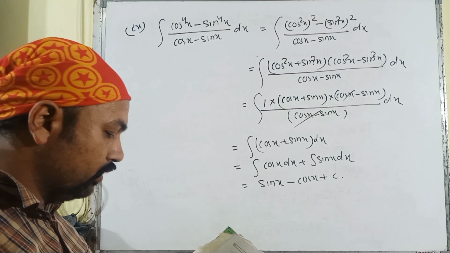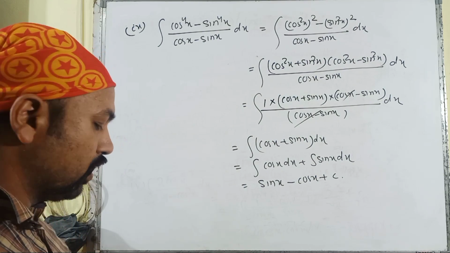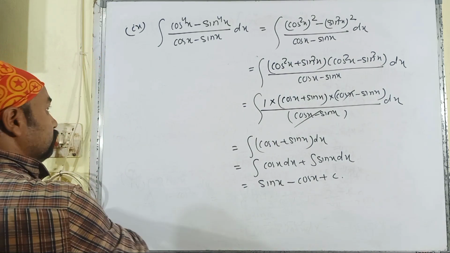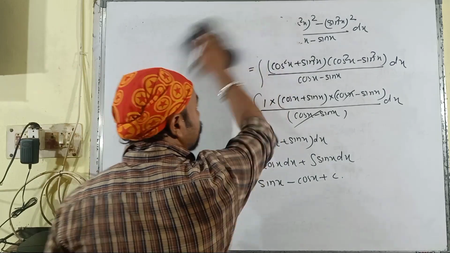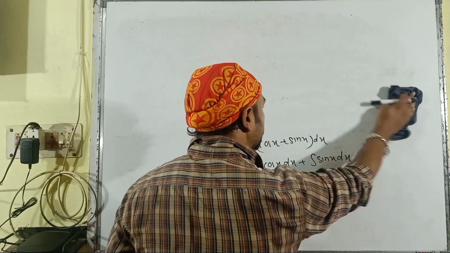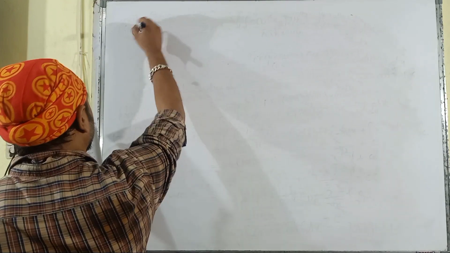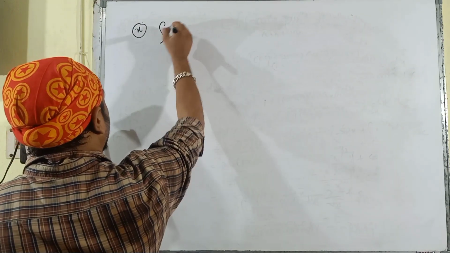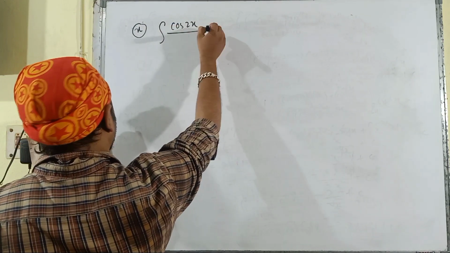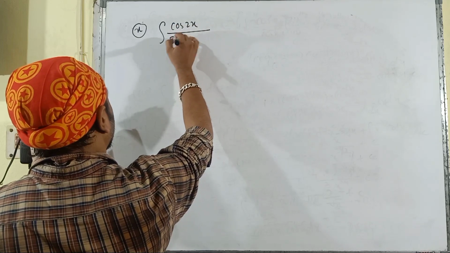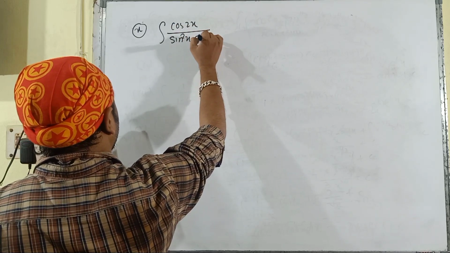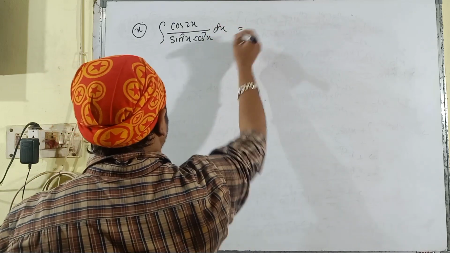Then moving to the 10th bit of number 2. Integral of cos 2x divided by sin²x multiplied with cos²x dx.